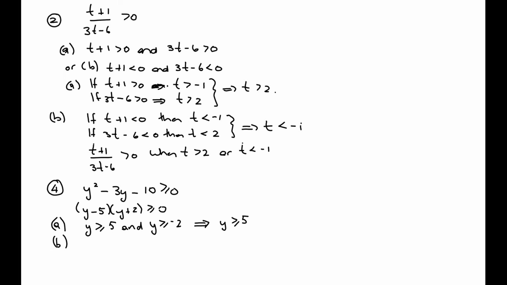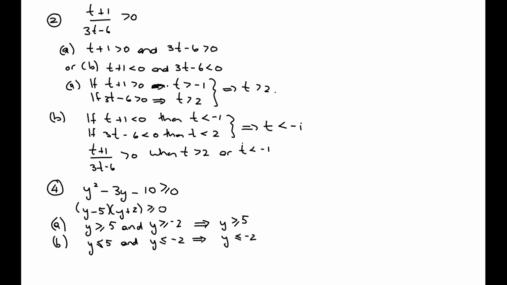And case B, if both of the brackets were negative, then that would give us that y was less than or equal to 5 and y was less than or equal to negative 2, and the combination of those would give us that they were both true when y was less than or equal to negative 2.